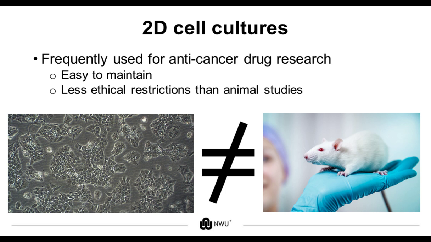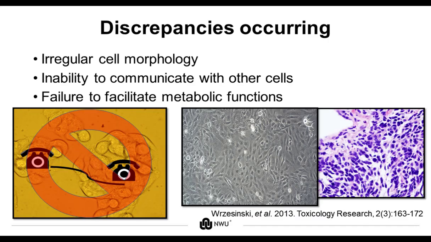Traditional two-dimensional in vitro cell culture models are frequently used for anti-cancer drug research, seeing as such cultures are easy to maintain and monitor without the ethical restrictions associated with animal studies. Nevertheless, numerous inconsistencies occur between 2D findings in comparison to in vivo and clinical trials.